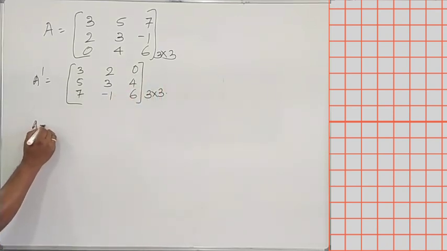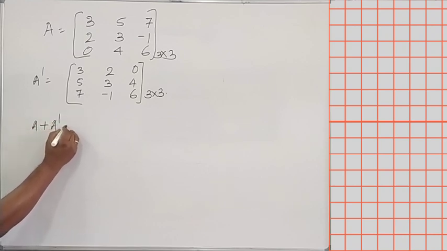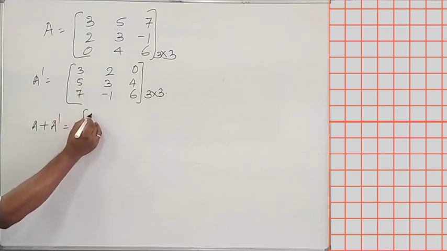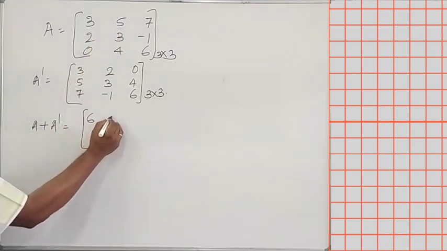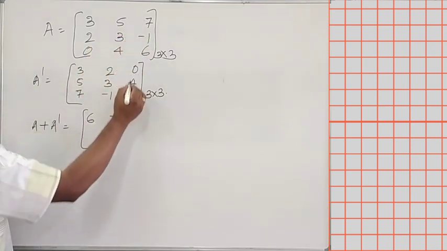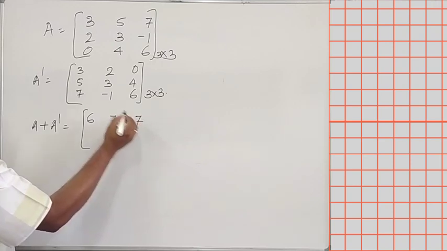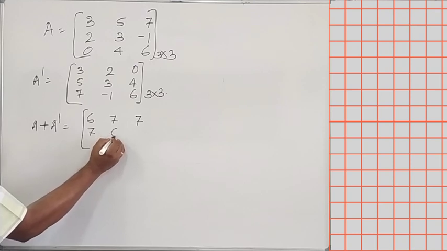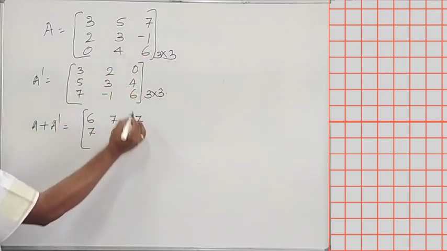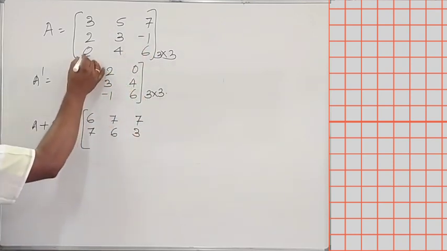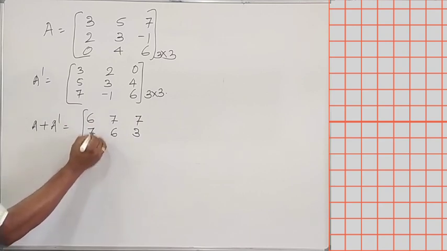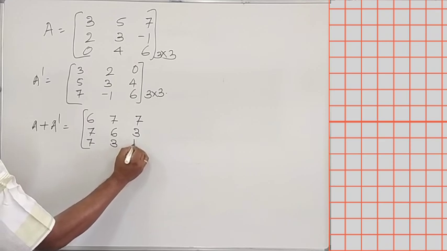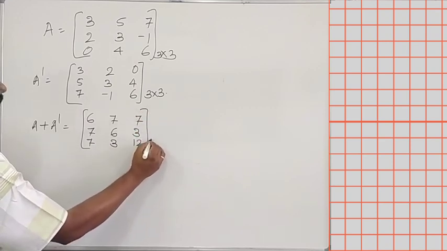We find out A plus A transpose, that's equal to 3 plus 3, 6, 5 plus 2, 7, 7 plus 0, that is 7, 2 plus 5, 7, 3 plus 3, 6, minus 1 plus 4 that is 3, 0 plus 7, 7, 4 plus minus 1, 3, 6 plus 6 that is 12, which is of order 3 by 3.